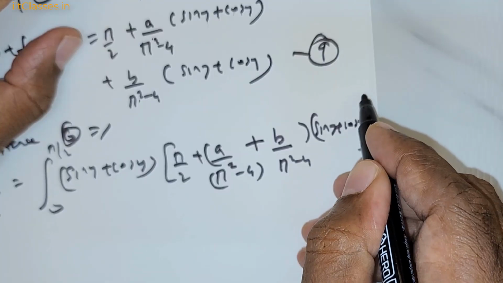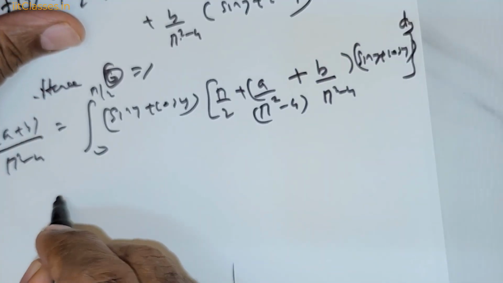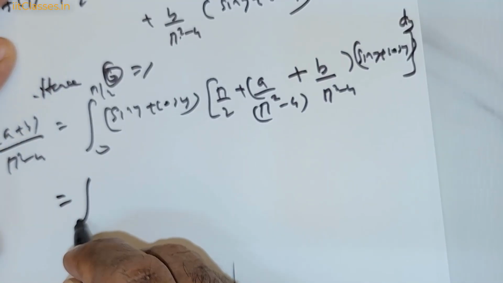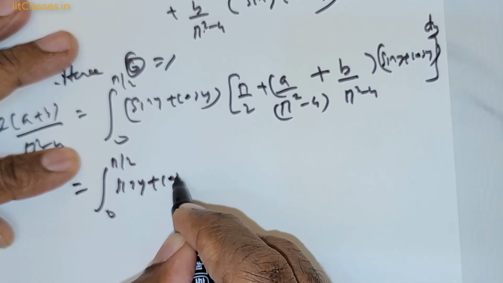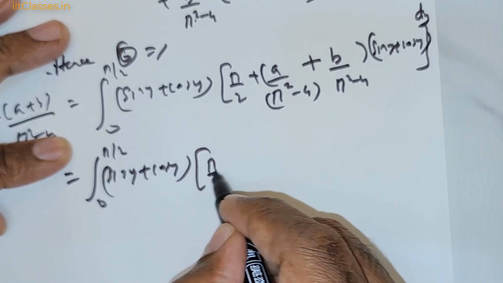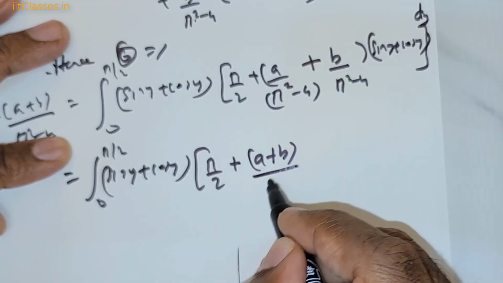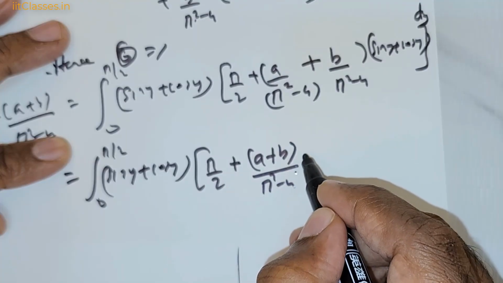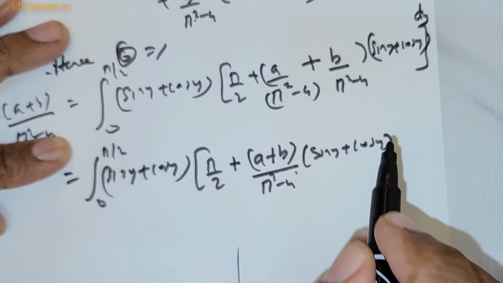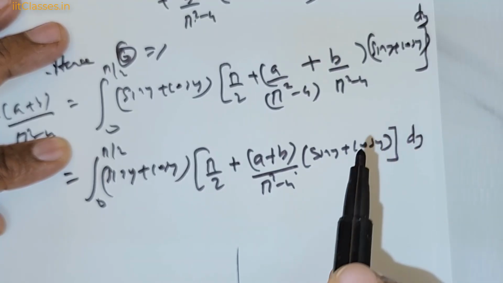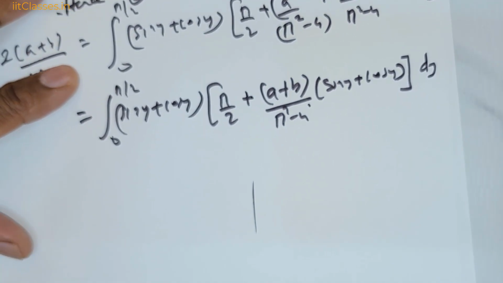Multiplied with dy. Now this pi squared minus 4 is common, so I'm going to rewrite this one more time. So it's integral 0 to pi over 2 sine y plus cos y times pi over 2 plus a plus b over pi squared minus 4 multiplied with sine y plus cos y times dy. Okay, fair enough. So this is what we have got.